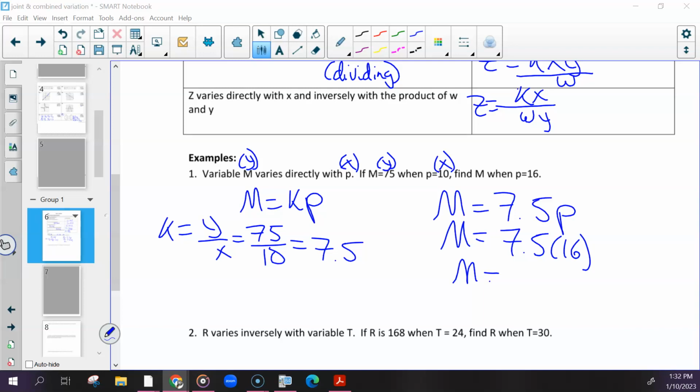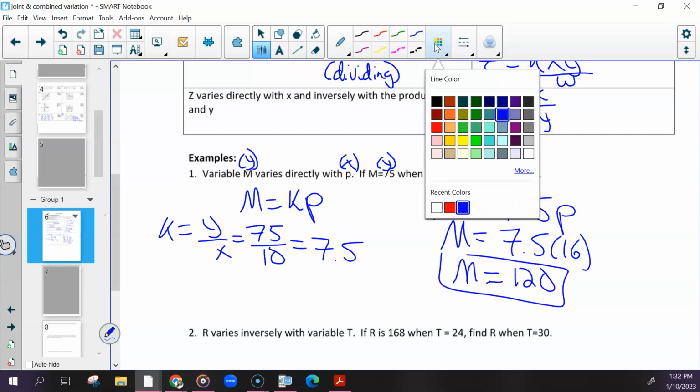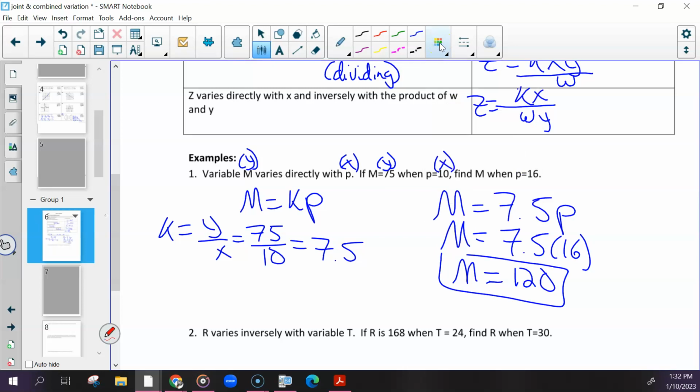What is your m value? The check method we did before works the same here.